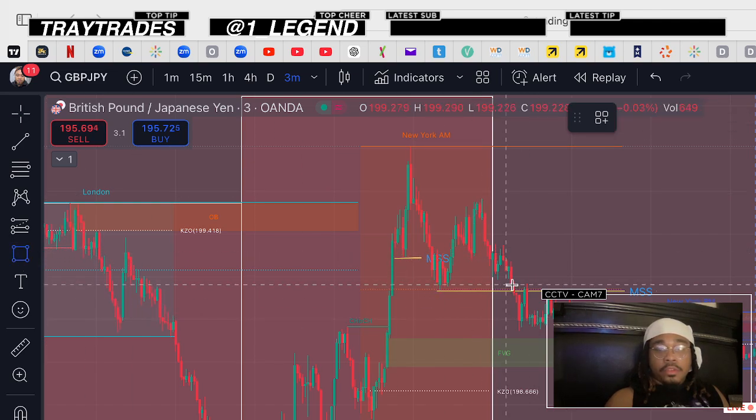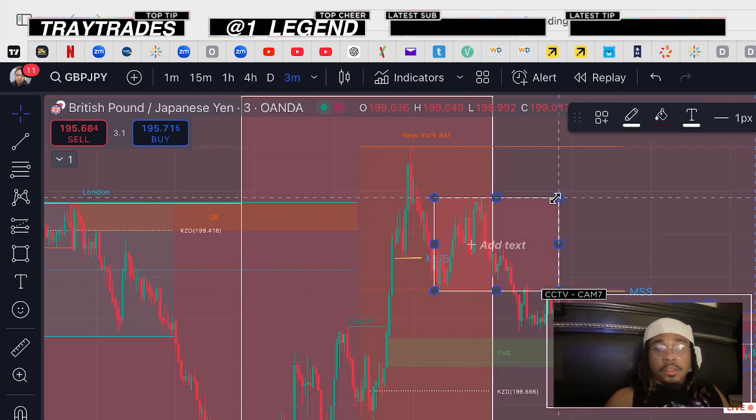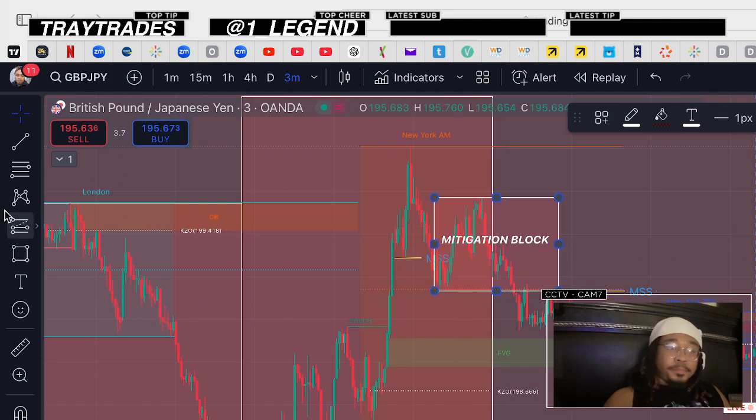And just for future reference, we're going to box this up. This is a mitigation block. So when price does this, it creates this mitigation block, right?